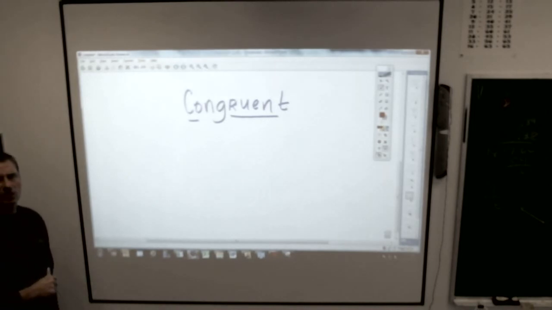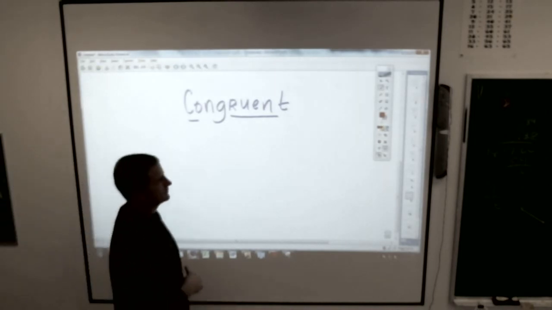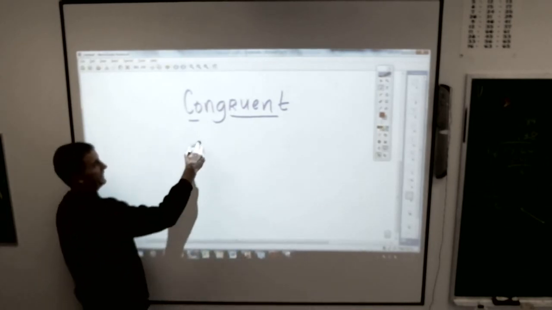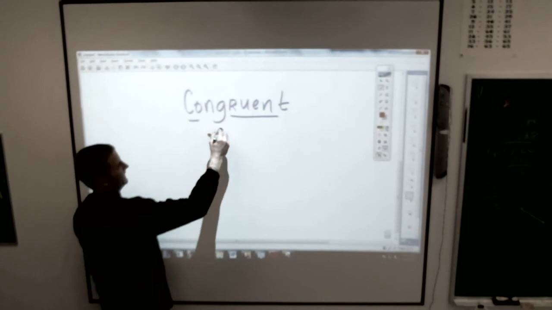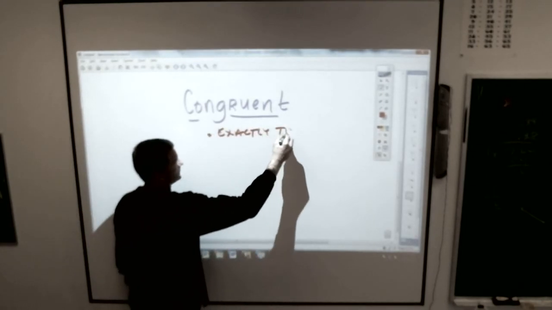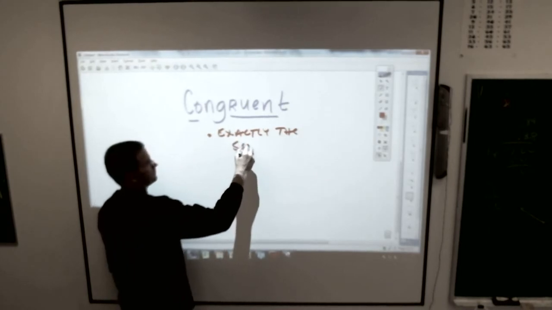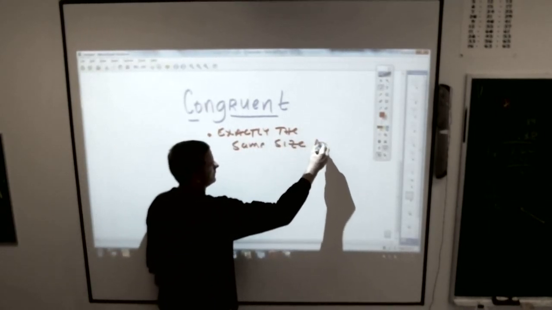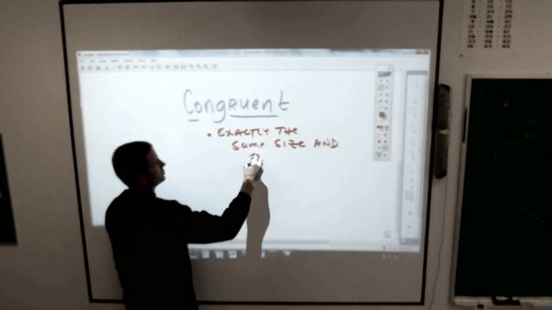Is it really already 12? Oh, killing me. Fifth graders, when you see the word congruent in math, congruent means exactly the same size and shape.